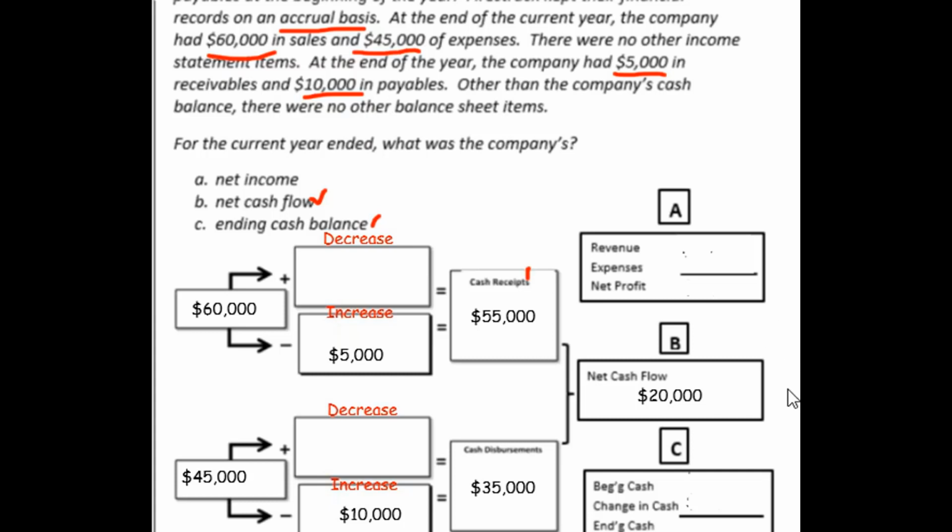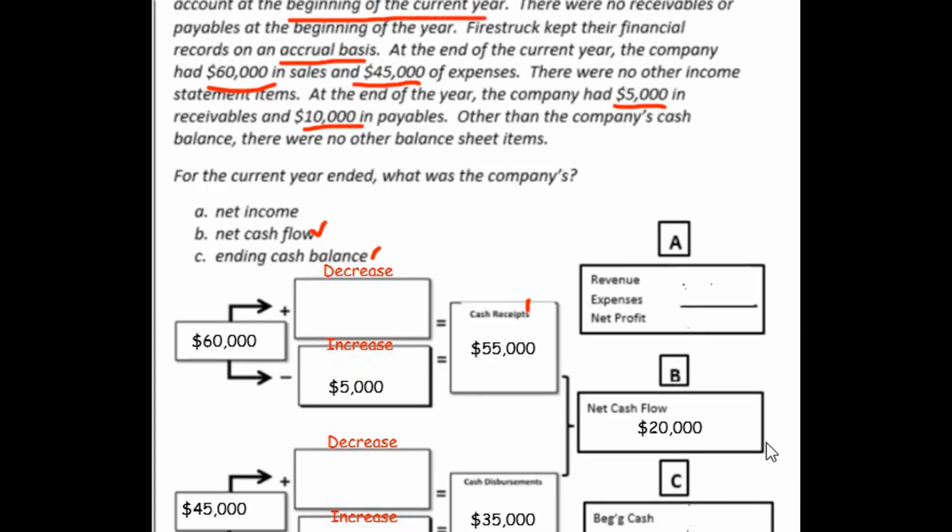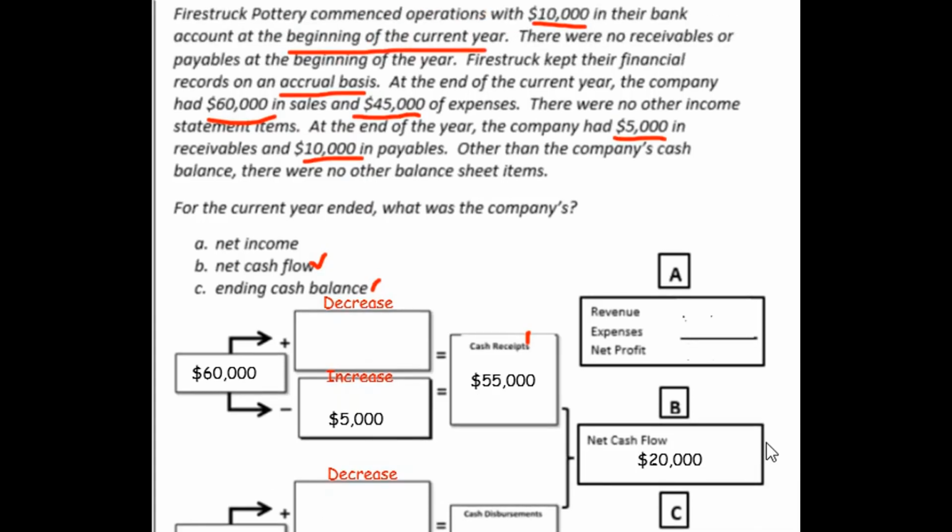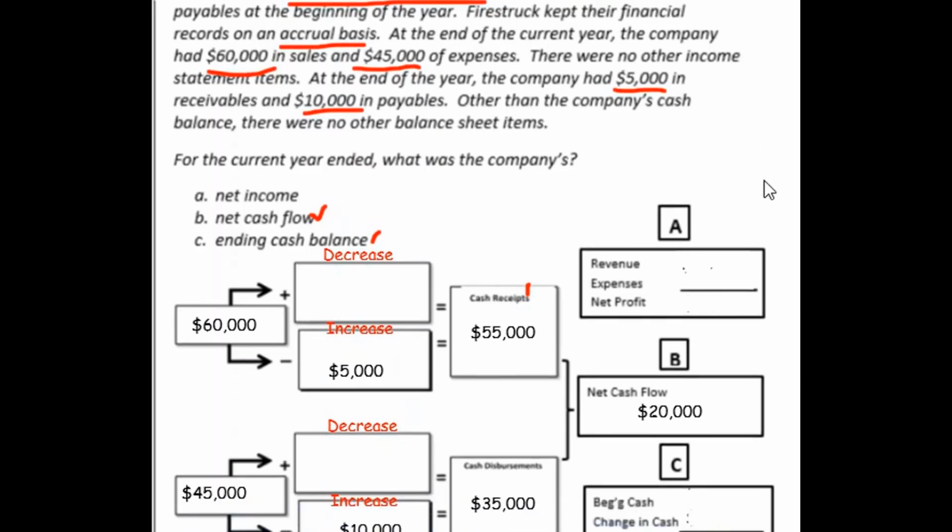Now let's go on and look at part C, which is asking what is the ending cash balance. Once you solve B, C is fairly simple. First of all, remember that Firestruck Pottery commenced operations with $10,000 in their bank account at the beginning of the year.